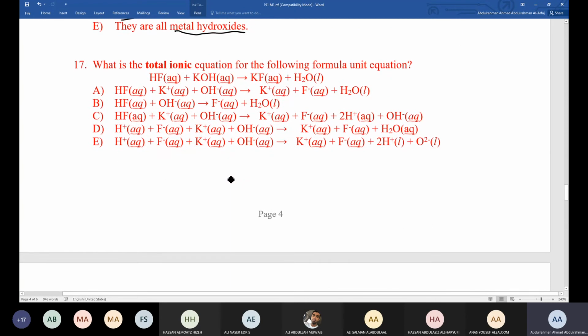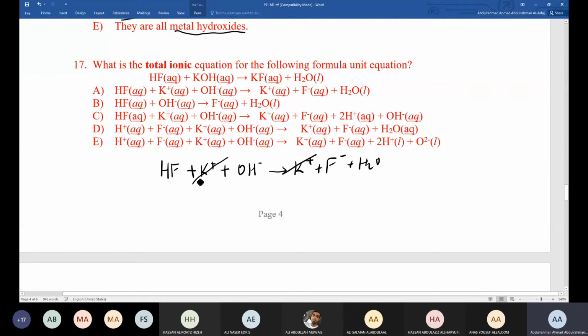Okay. What's the total ionic equation for the following formula? If we have this equation, what will happen? It will be at the end HF, because it's weak, it will not decompose, plus K plus OH minus, to give you K plus F minus plus H2O. What will go away?